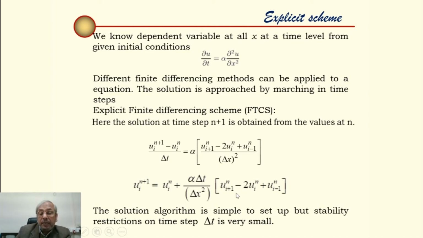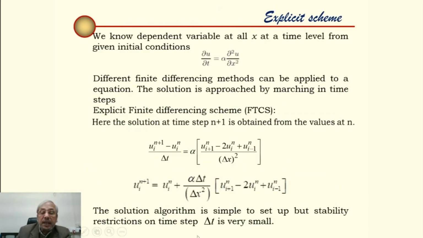If at the nth level, the value of the dependent variable, that is temperature u, is known everywhere, at the next time level, at each location, it can be completely evaluated, making use of the values at the previous time level, or nth level.